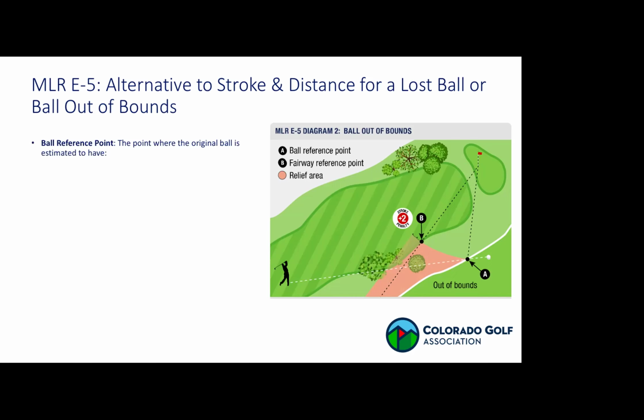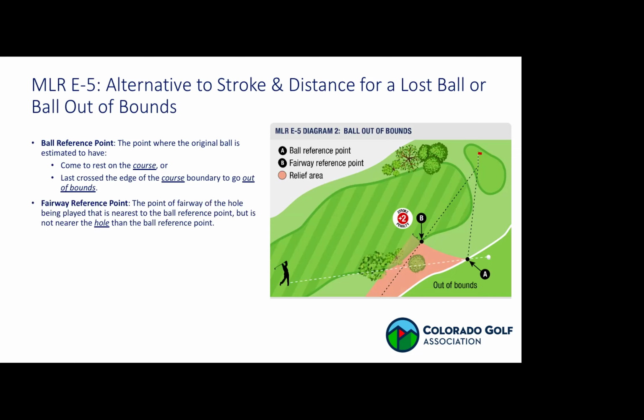Your reference point is where the original ball is estimated to have crossed the course boundary out of bounds there, sorry. And then, like I said, your reference point is that point on the fairway nearest to the ball, but no nearer to the hole, if that makes sense.